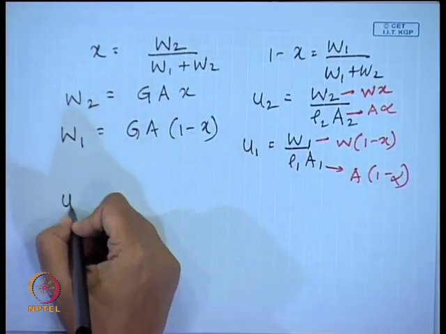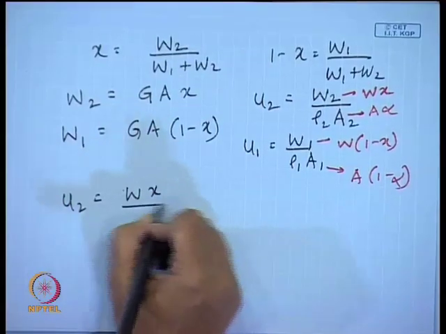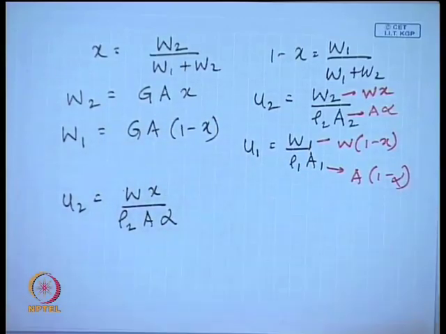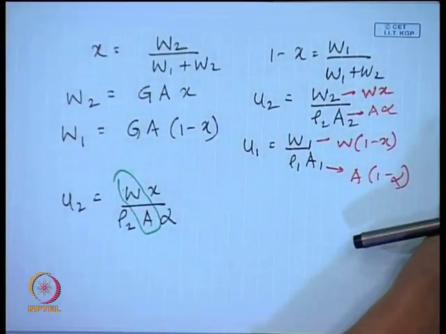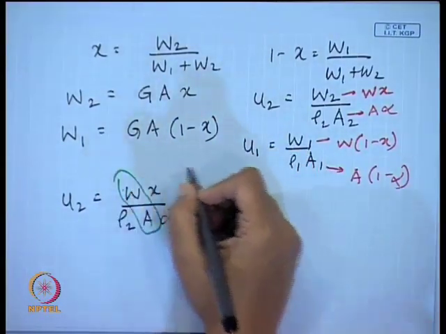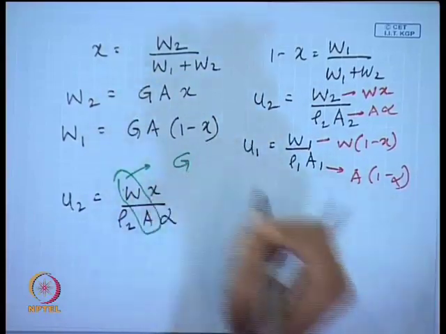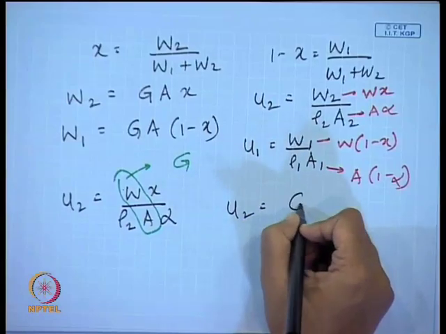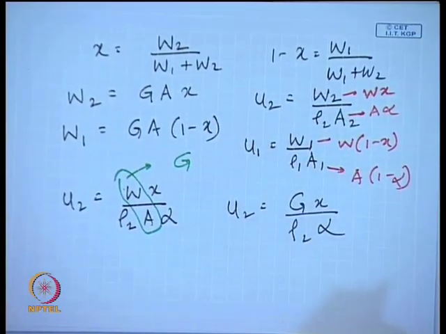We get U2 equal to Wx by rho 2 A alpha, where what is this W by A term, can you tell me? This is nothing but G. So, this term can be written down as G. Therefore, U2 equals Gx by rho 2 alpha, isn't it?